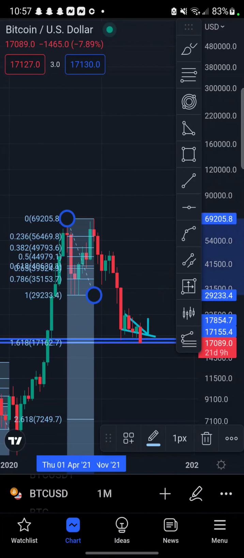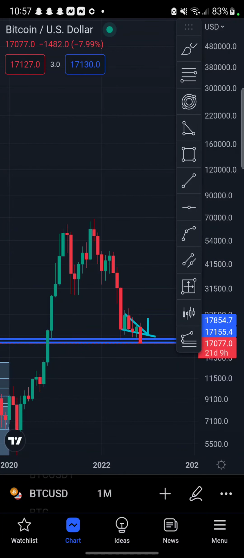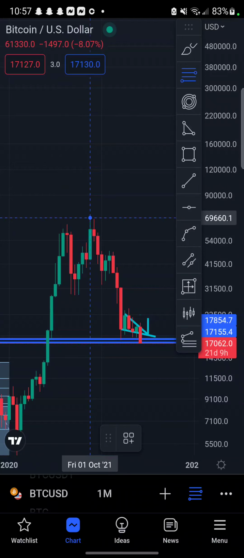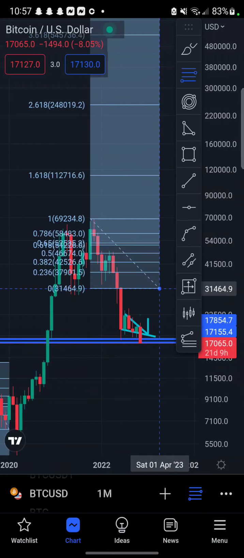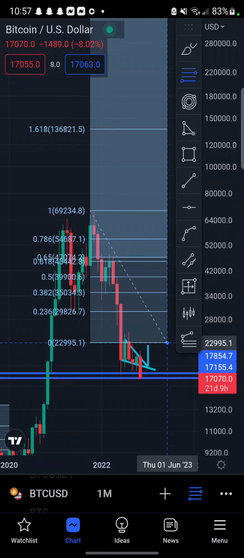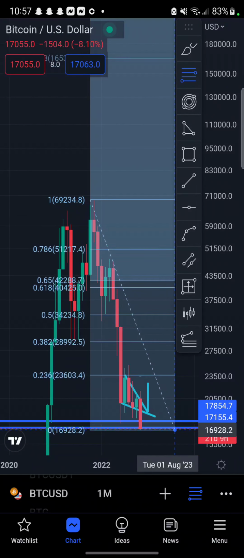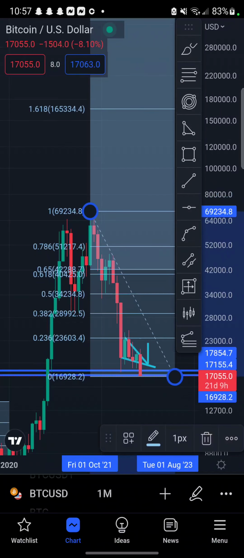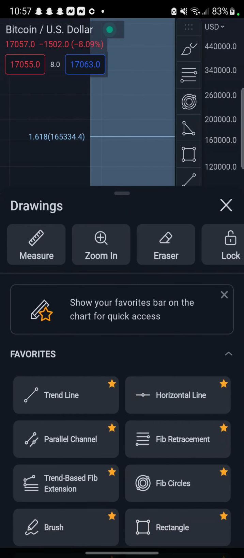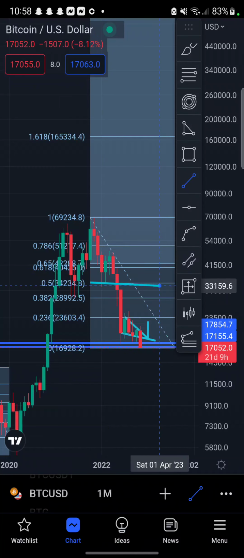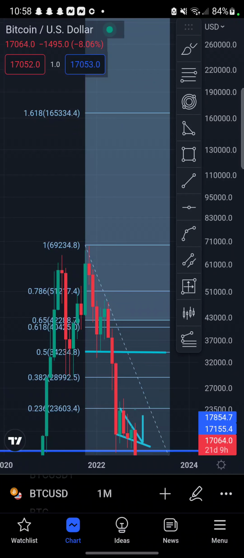Since Bitcoin did create a lower low, if this area is the bottom, then we take a Fibonacci from top all the way to the bottom, the lowest price that it made, leave that there, and we mark our 0.5 Fibonacci, which is sitting at $34,200.